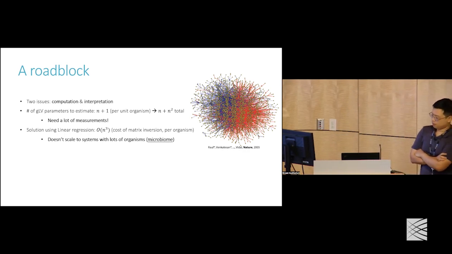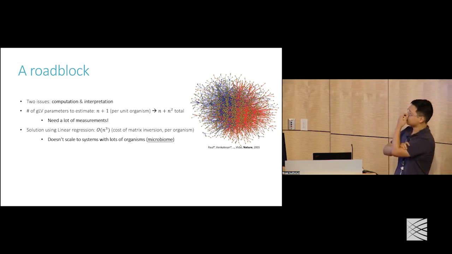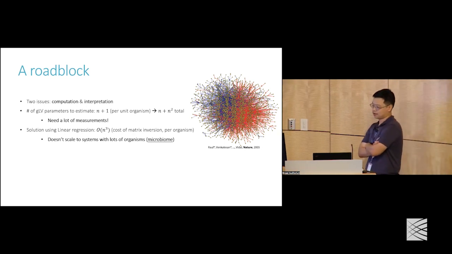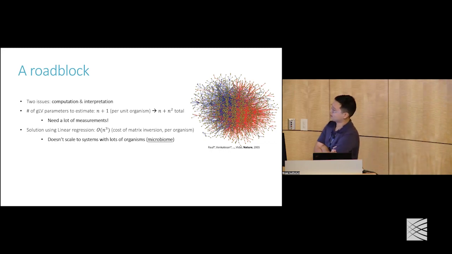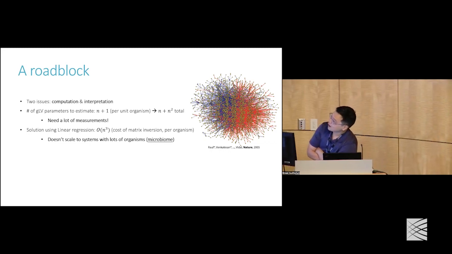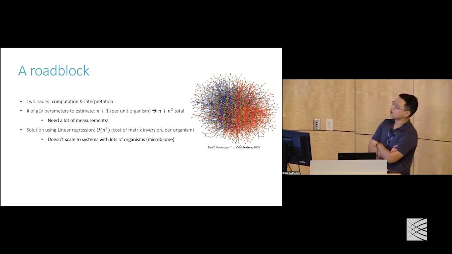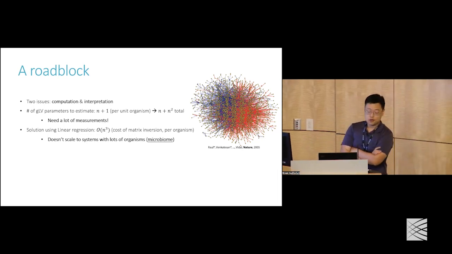On the right-hand side, this picture is the famous hairball network from a paper in Nature by Raul Venkatesan et al. The point is that the parameters in a GLV system, per organism, number n+1: the growth rate diagonal plus the interaction terms.